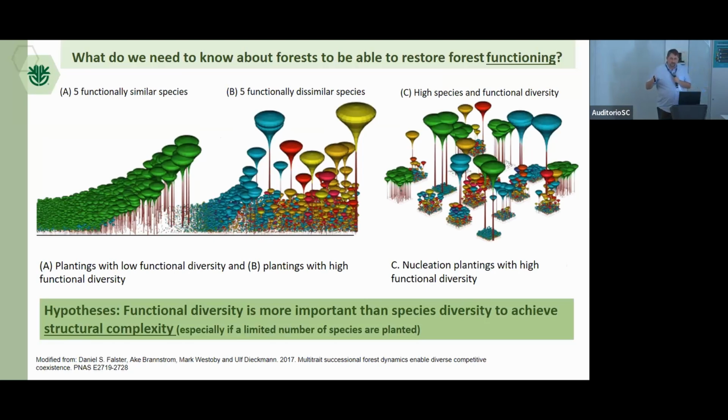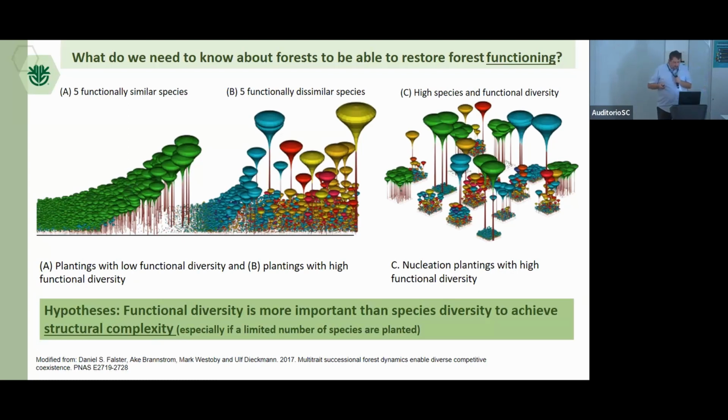Unfortunately, they will heavily compete with each other, and the forest will still look like a plantation, even though five different species have been planted. Whereas if you use five functionally dissimilar species in case two, the complexity of the forest structure gets higher. In other words, the functional diversity of the individual species results collectively in higher structural complexity.